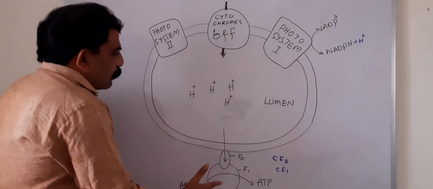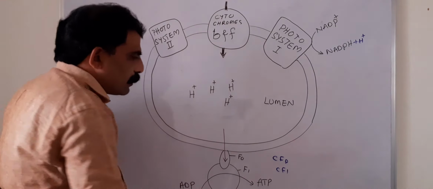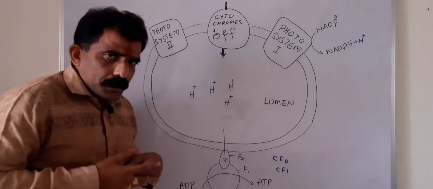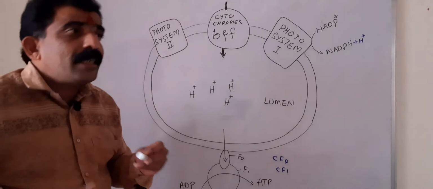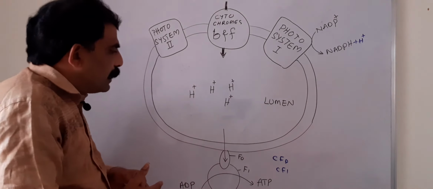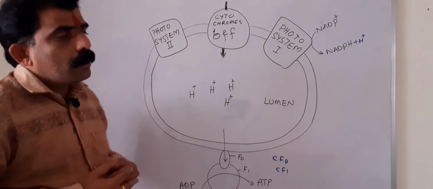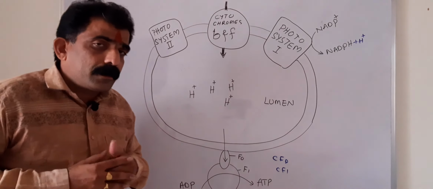So a concentration gradient is established between the two places. This concentration gradient generates the membrane potential. Together, the concentration gradient and membrane potential constitute the proton motive force, otherwise the electrochemical gradient.